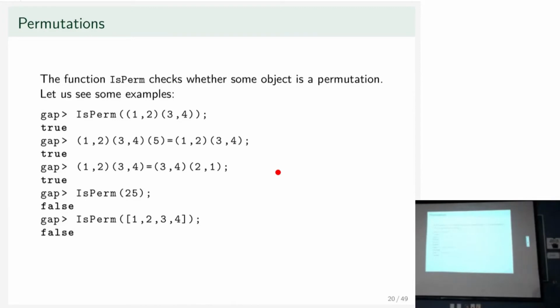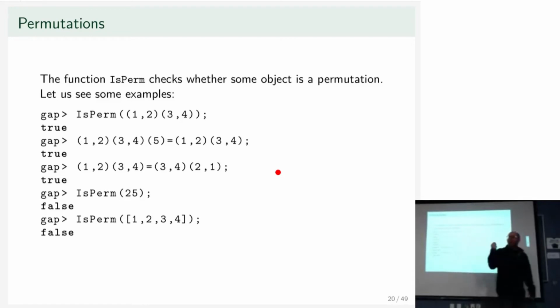Okay? So, for example, you have a function to test if something is a permutation. If you just do this guy, IsPerm returns true because this guy is a permutation. Also you can check that this is the same as this.